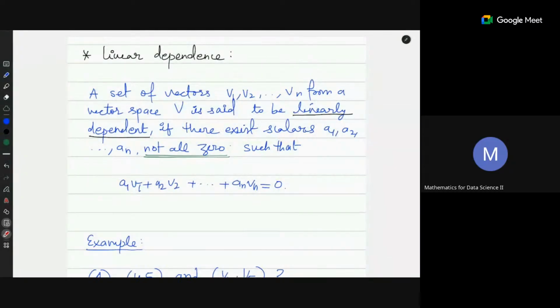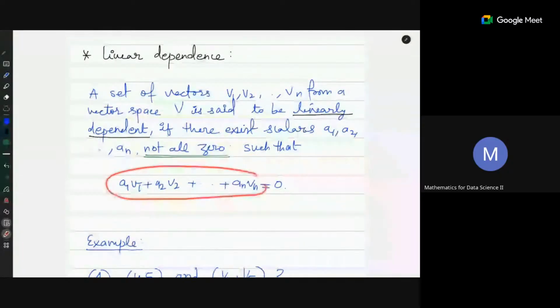In general, a set of vectors v1 up to vn from a vector space is said to be linearly dependent if there exist scalars a1 up to an, not all of them zero, such that the linear combination of these vectors with these coefficients is equal to 0.